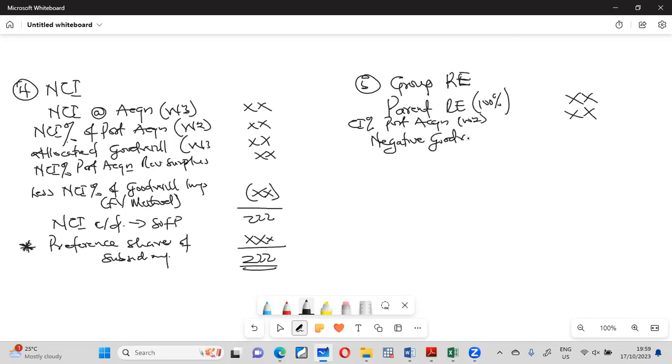So negative goodwill. Now, understand this, okay? This group retained earnings, you need to know what retained earnings is. Retained earnings is cumulative profit. All right. Now, this retained earnings in your balance sheet determination is a representation of your profit.